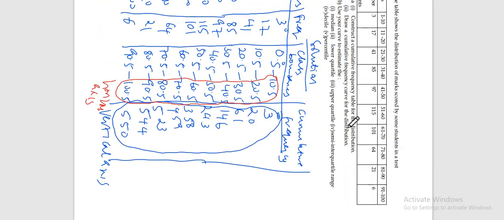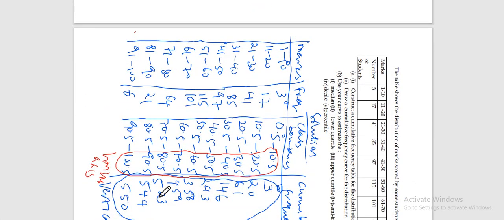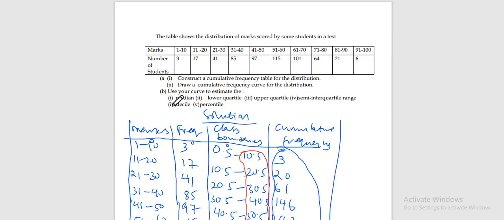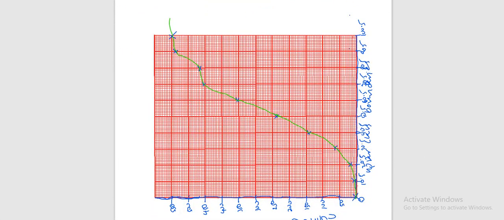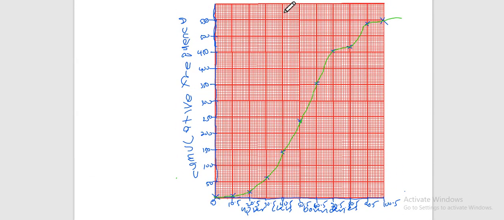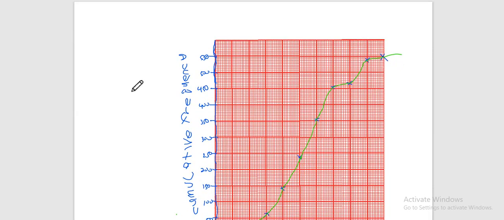Now the first question here says, from your curve estimate the median. So number one, the median. The median is given by n over 2 of the entire distribution.